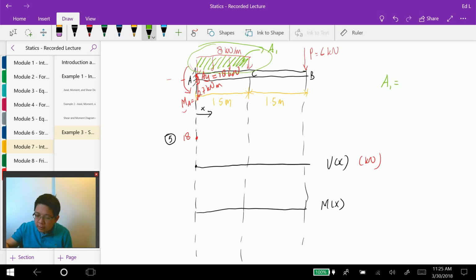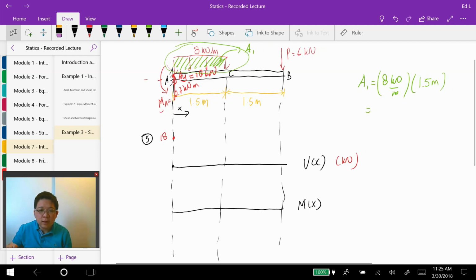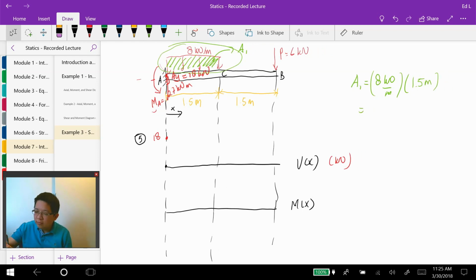So A1 is 8 kilonewton per meter times 1.5 meter, so here we obtain 12 kilonewton.